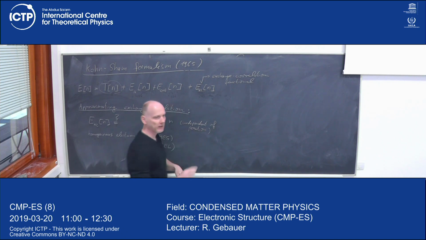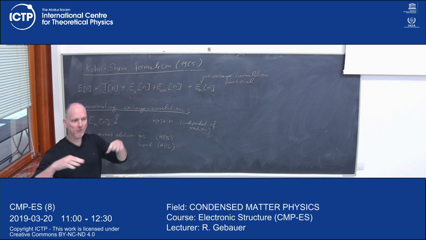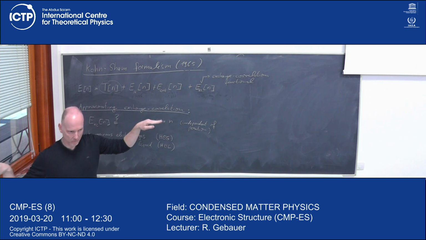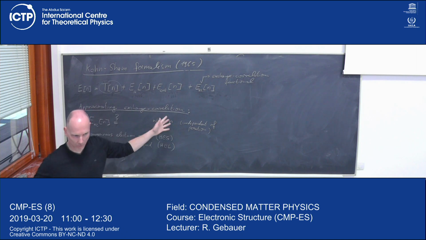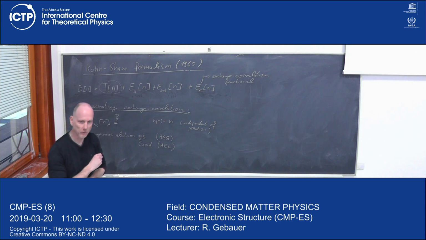So you have an infinite space, you have at every point in space the same charge density. And then this here is the number of electrons per unit volume. If you multiply it with the volume, we have the total number of electrons you put in the volume.